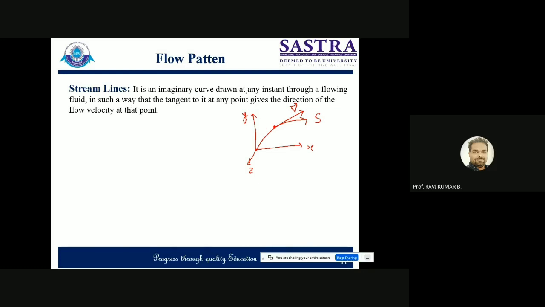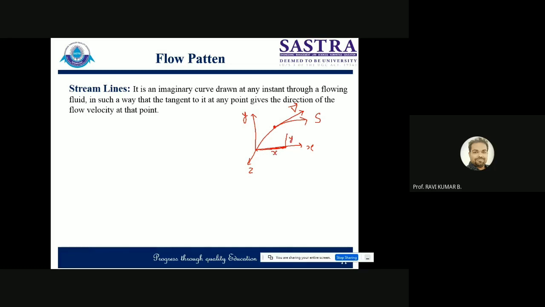It is an imaginary curve drawn at any instant through a flowing fluid in such a way that the tangent to it at any point gives the direction of the resultant velocity of the flow. So this is the resultant velocity of the flow. Now assume that if I'm drawing a horizontal line like this, and a vertical line like this, so this I'm assuming x, this I'm assuming y.